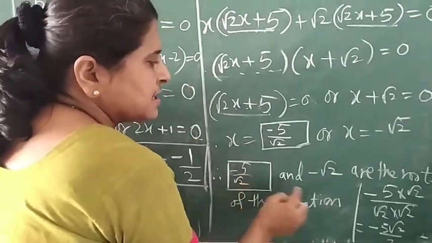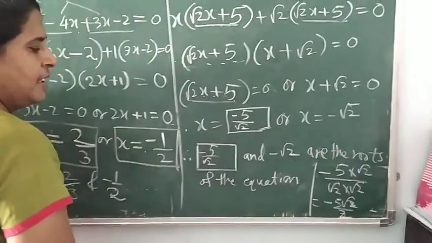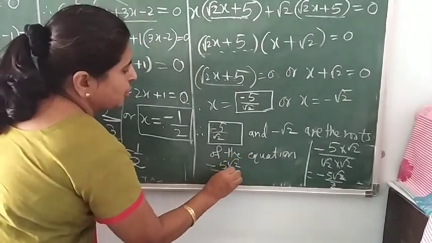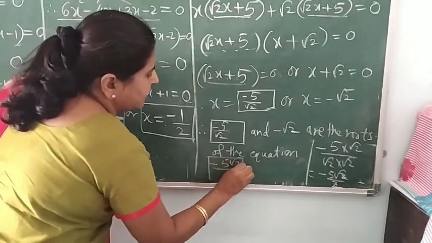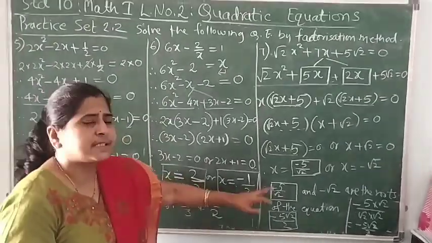So instead of this, you can write this answer also, minus 5 root 2 upon 2. This box can contain this answer also. But if it is not expected like this in the textbook, you can write this too, it is also correct. The value of both is the same.